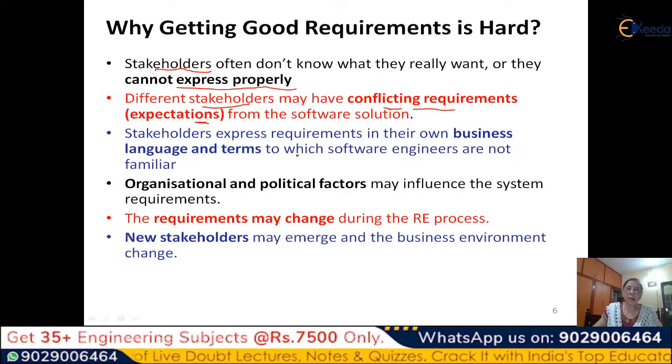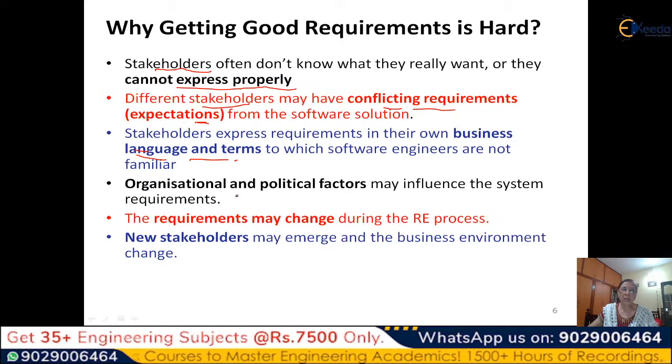Similarly, the stakeholders express requirements in their own business language, which a software engineer has to convert into normal language or a model form or a structured form, which can be understood by all. So that is another difficulty that we find. There is a communication gap, a language barrier between the stakeholders, business people, and the software engineer.